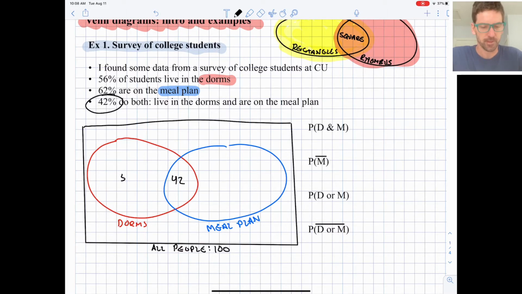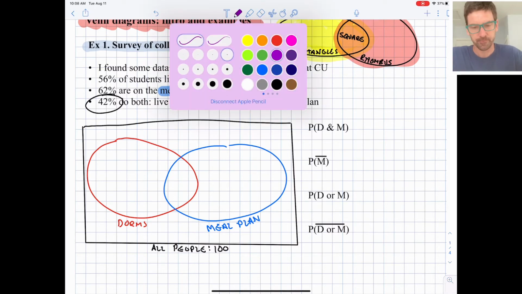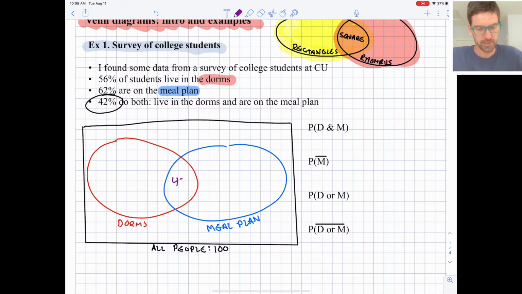Okay. So, and actually let me try to color coordinate a little bit better here. So both, I think, should be purple, because that's red and blue. So that's a 42 right there. Okay. And then the red, just the dorms, should be 14. Okay. Because we want these two numbers to add up to 56, the total number of people that live in the dorms, and they do.